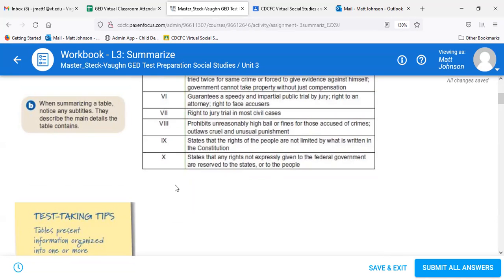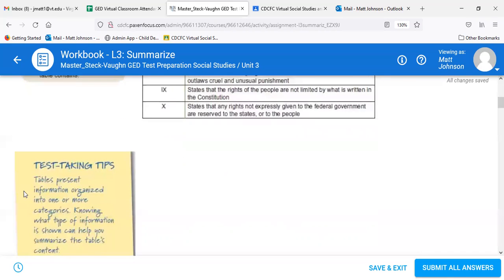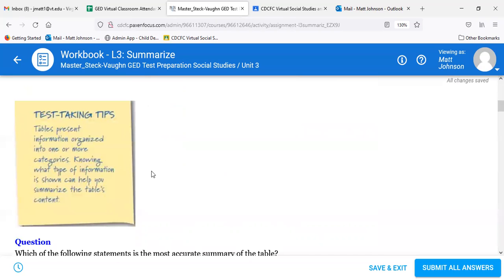And 10 states that any rights not expressly given to the federal government are reserved to the states or to the people. And our test-taking tip: tables present information organized into 1 or more categories. Knowing what type of information is shown can help you summarize the table's contents.